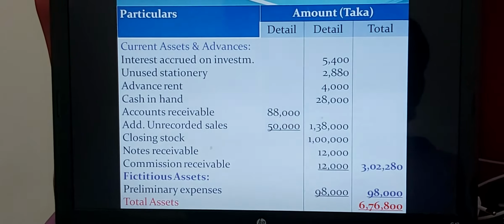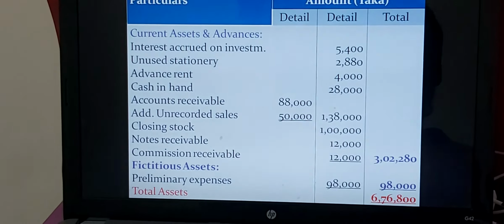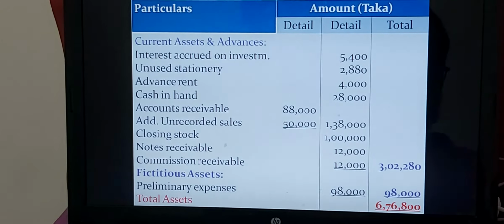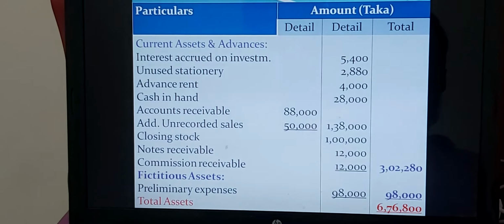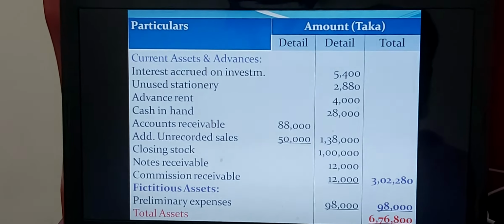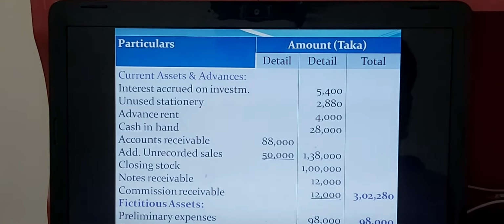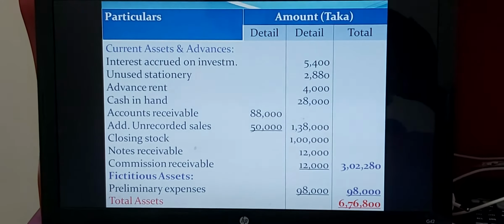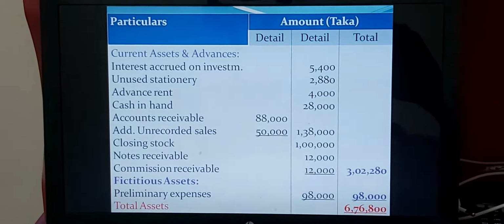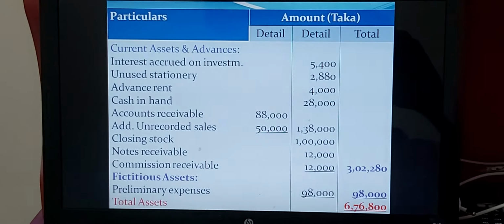Another item, account receivable. This item is debit amount, taka 88,000. But in adjustment number 4, sold goods on credit, taka 50,000, but not recorded in the books of account. For this adjustment, it is always to be added with accounts receivable.